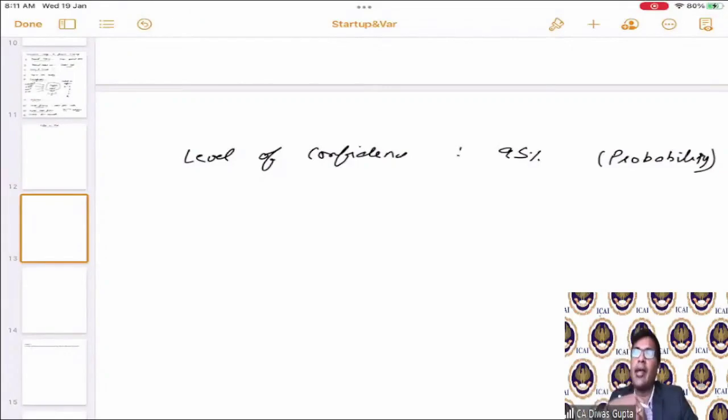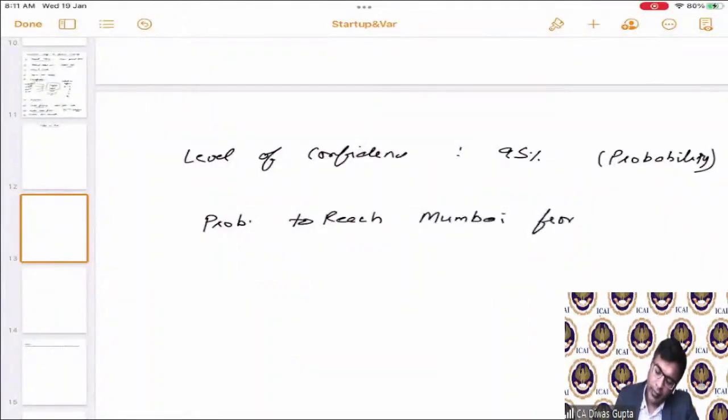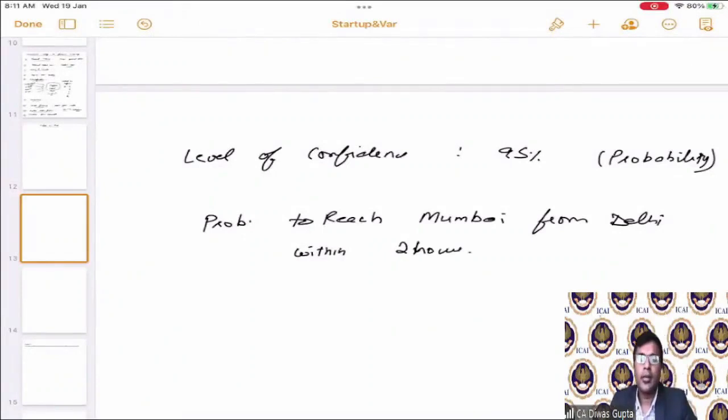So for example, if I have to calculate the probability that I will reach Mumbai from Delhi within 2 hours, and it is actually 95%, this will mean that the level of confidence is 95%, correct?